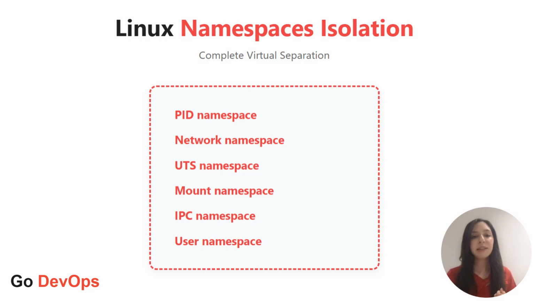Other namespaces like UTS isolate the host name and domain name, mount namespaces control the file system views, and IPC namespaces isolate inter-process communication. And finally, user namespaces provide separate user and group IDs. Together, these namespaces make your container think it's running on its own dedicated system, fully isolated from other containers and the host itself.